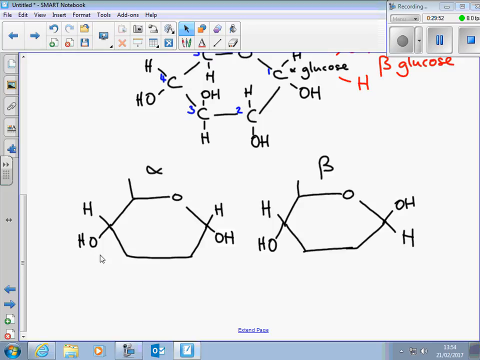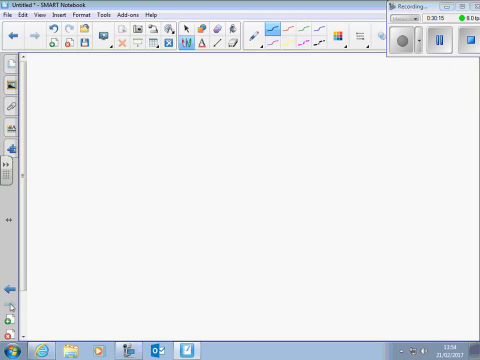So what we need to look at then is how we're going to join together two alpha glucose units. We're going to start with those, and we're going to create maltose from them on this diagram. And I will have to check because for some, oh, no, hang on, let me start by drawing them in. We just need the abbreviated version, all right?